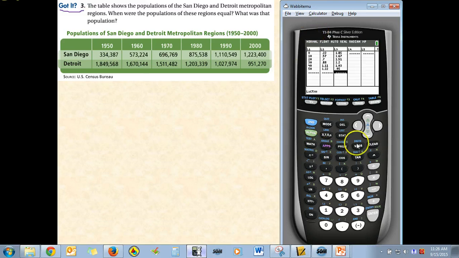Okay, so now let's use our regression equations. So we're going to do stat, calc, linear regression. We can do L1 and L3. Store that as y2.